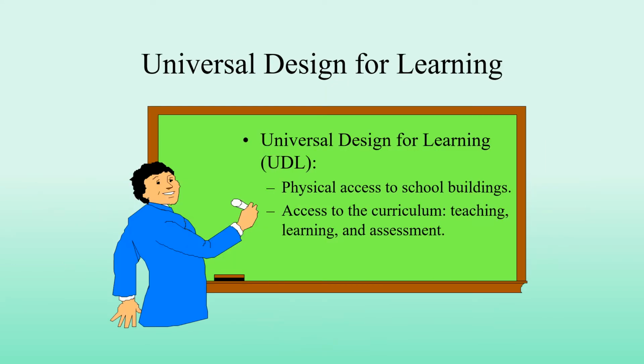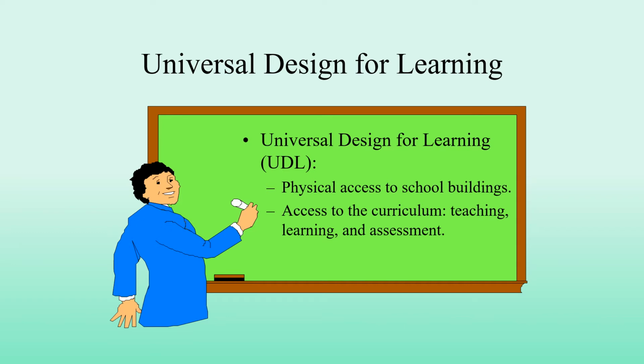Having introduced the concept of universal design, now let's focus on universal design for learning, also known as UDL. Now certainly, on one level, UDL refers to having physical access to school buildings. So in educational facilities, because most of our schools are public facilities, we definitely want to and have to by law allow physical access to any user who could come into our building.